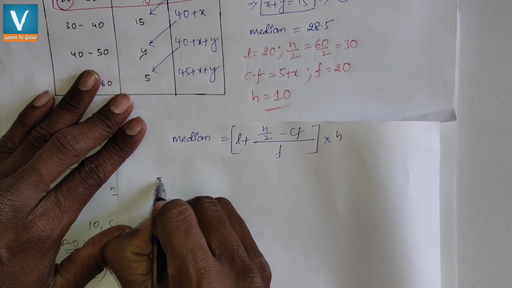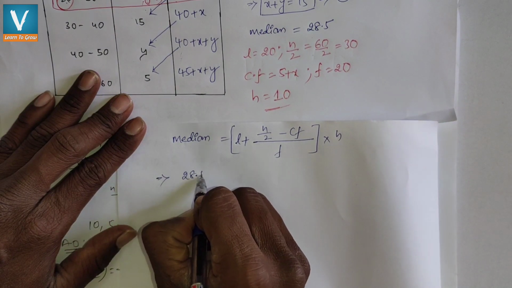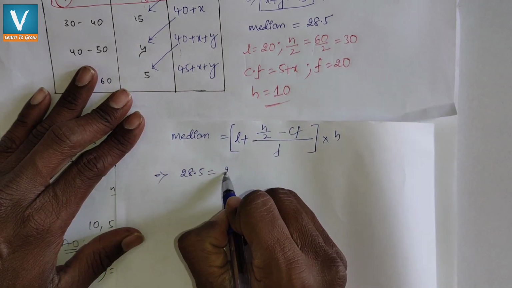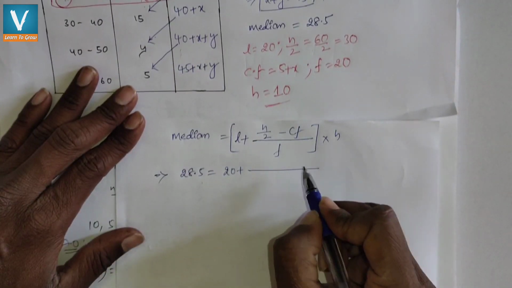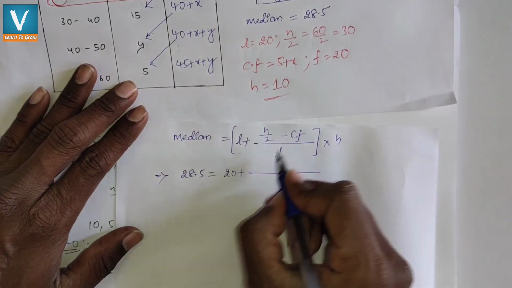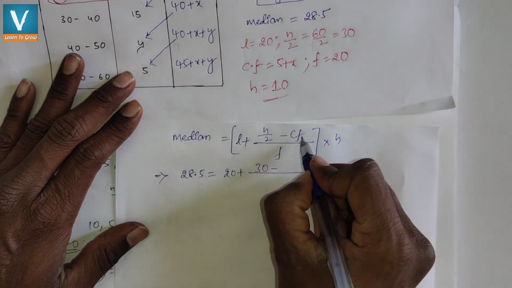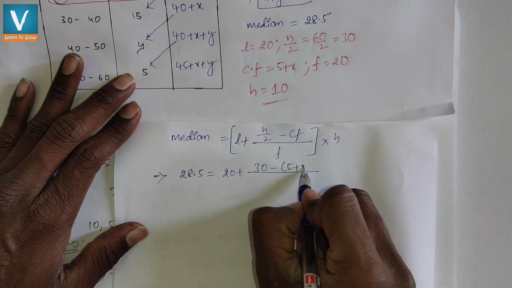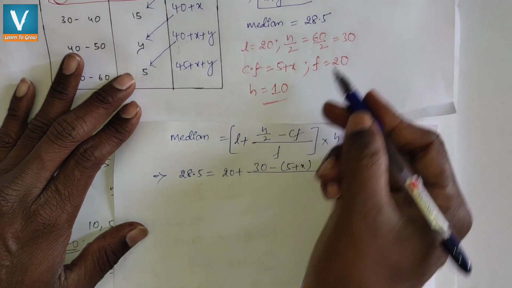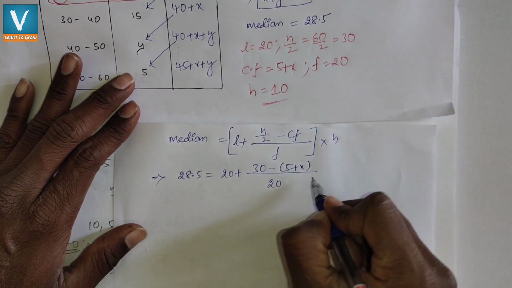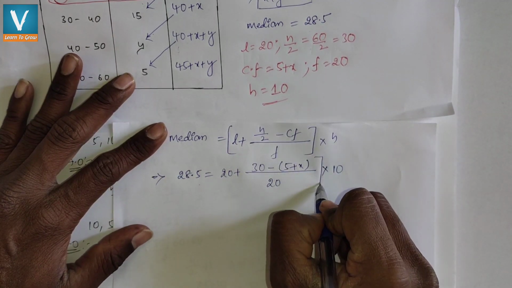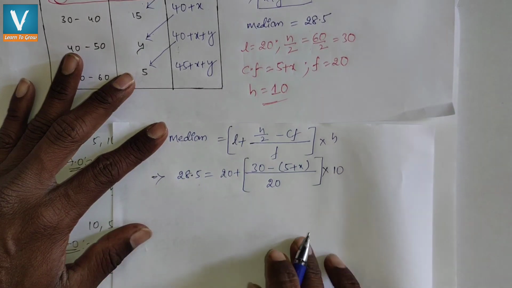Median is 28.5, equal to L, the lower boundary, 20, plus n by 2, which is 30, minus CF, which is 5 plus x, divided by F, the frequency, 20, into H, which is 10.